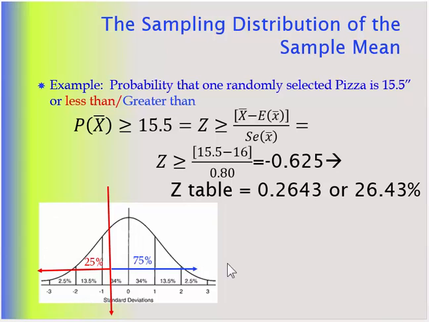So now you can see I put the percentages as well. If we're interested in from this red line back to here, it's about 25%. I rounded a little bit. But if we're interested from this red line forward, it's 75%. So we have a 75% chance of getting a pizza that's 15.5 inches or larger, and a 25% chance of getting one that's 15.5 inches or smaller. So that makes pretty good sense.